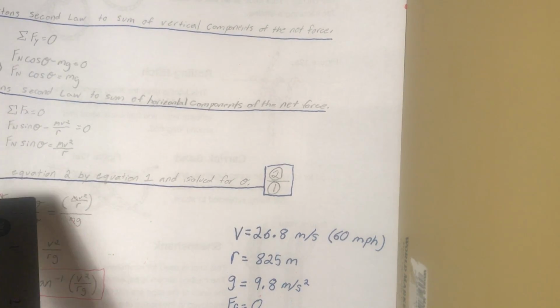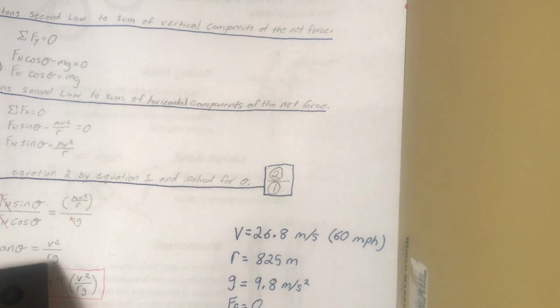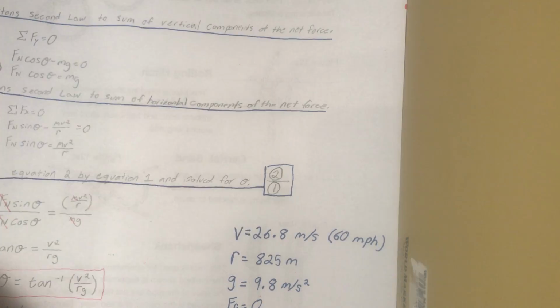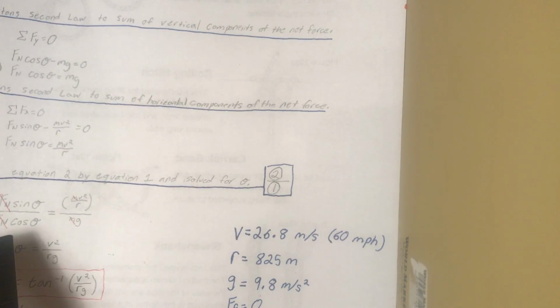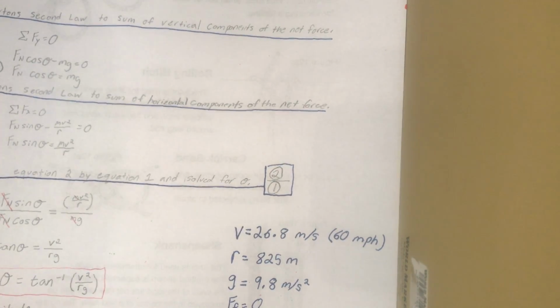So on this side, the masses cancel out, and that leaves me with velocity squared over the radius times gravity. And on this side, my normal forces cancel out, which leaves me sine theta over cosine theta, which gives me tangent theta as a trig function.